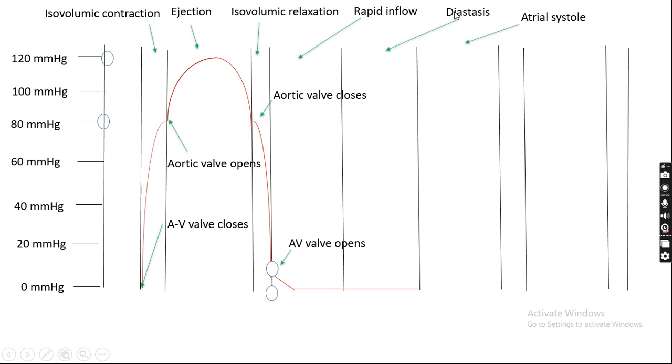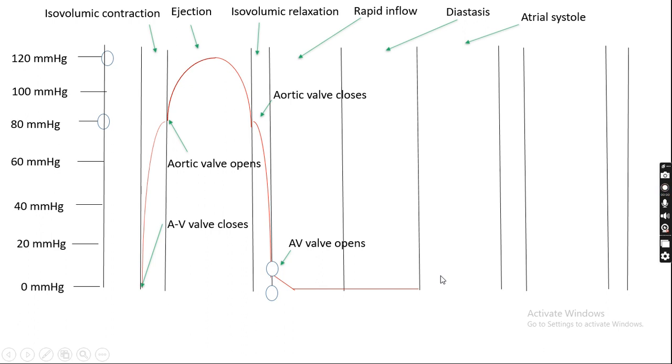In the slow filling phase or diastasis, the blood passes through the open atrioventricular valve from the atria to the ventricle, and here the pressure remains unchanged, that means close to 0 millimeter of mercury.